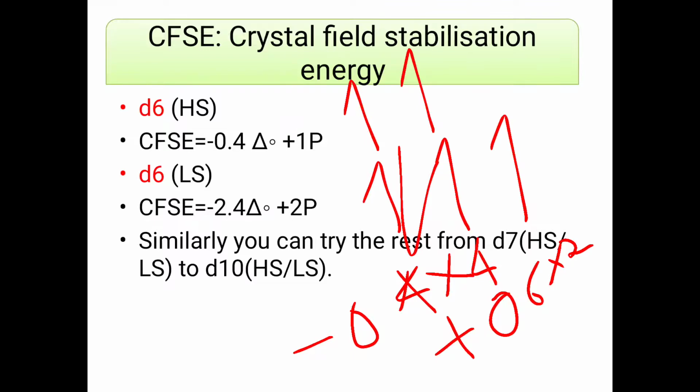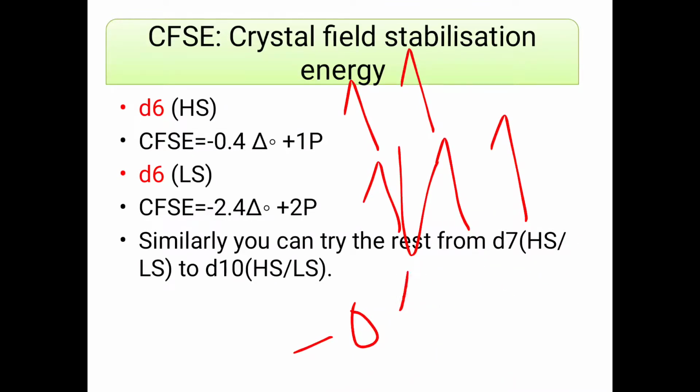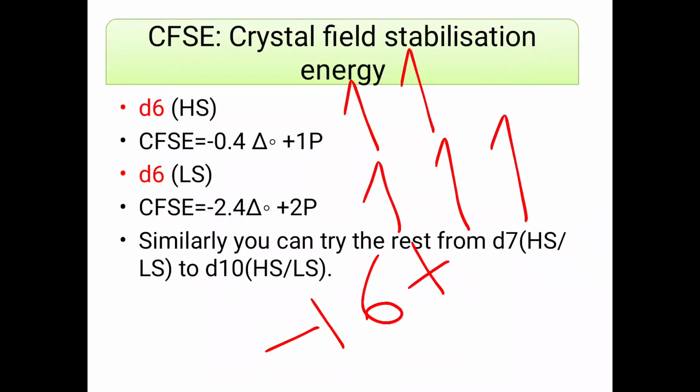So minus 0.4 into 4 is how much? 4 4s are 16, that is minus 1.6, plus 0.6 into 2 is 1.2. So it is basically minus 0.4 delta O.